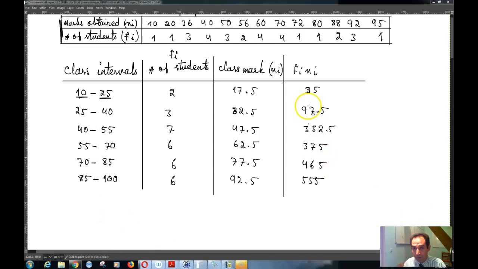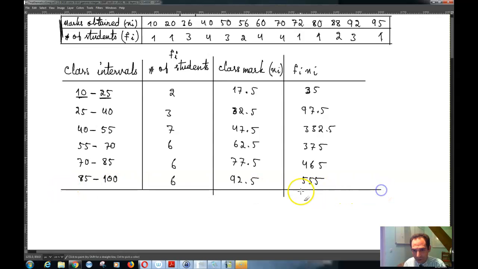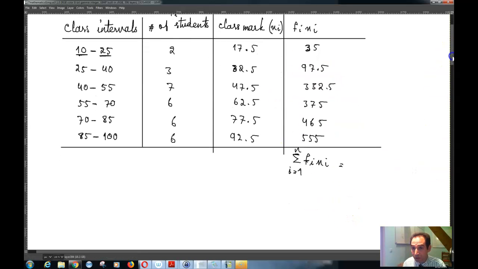Now I need sigma f of i x of i, as i goes from 1 to n, which is basically all of these numbers added together.